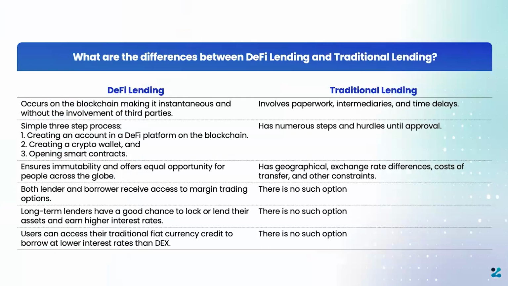So what are the differences between DeFi-based lending and traditional lending? One, if you have taken a traditional loan, a personal loan, a home loan, a business loan, then compared to that, a collateralized secured loan on DeFi seems to be magical. You connect your MetaMask wallet or any other wallet, you have tokens, you decide on the pair, you provide your collateral, and you get your token, and that's it.